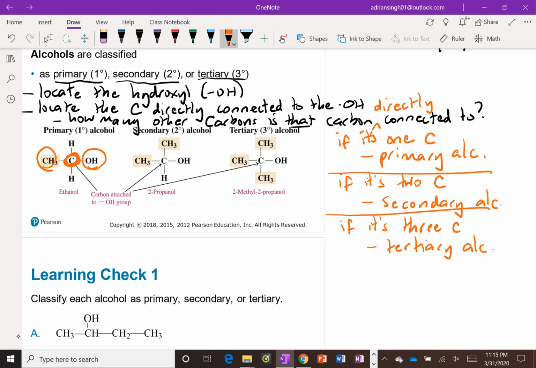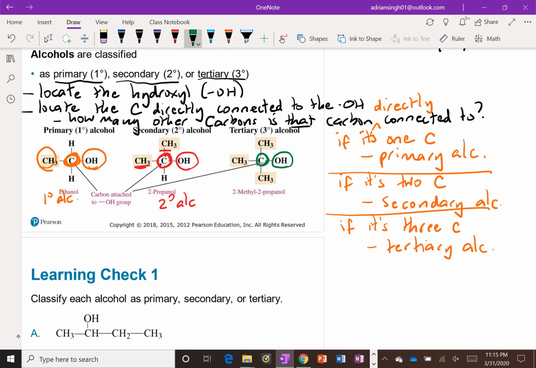All right, so if we take a look at the one in the middle, there's our OH. We find the carbon that it's directly connected to, which is that one. So that's the one that we focus on. This carbon is directly attached to 2 other carbons, so this is going to be a secondary alcohol. The first one that we saw here was a primary alcohol. And then the third one here, there's our OH, find the hydroxyl group.